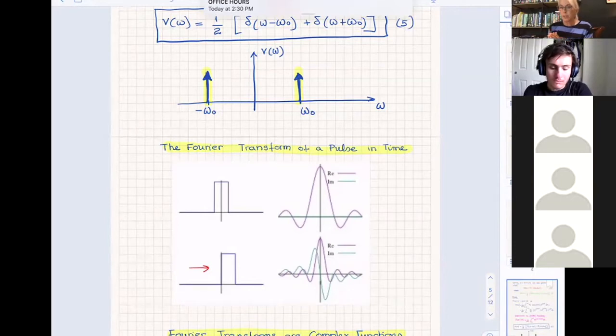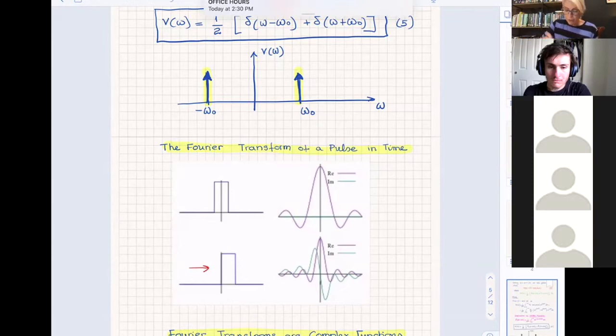What do we know about phasors? That phasors are complex functions. They have magnitude and they have phase. So all of the Fourier transforms are complex functions. They have a magnitude and a phase, or they have a real and an imaginary part.